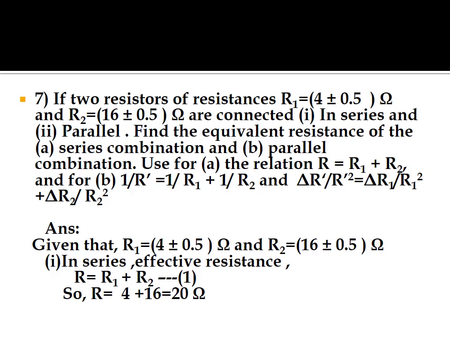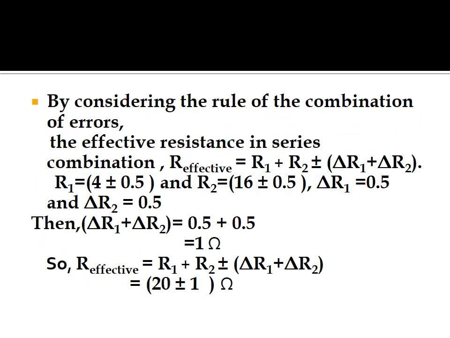Here the effective resistance R is equal to 4 ohm plus 16 ohm, which is equal to 20 ohm. By considering the rule of the combination of errors, the effective resistance in series combination, R effective, is equal to R1 plus R2 plus or minus delta R1 plus delta R2.